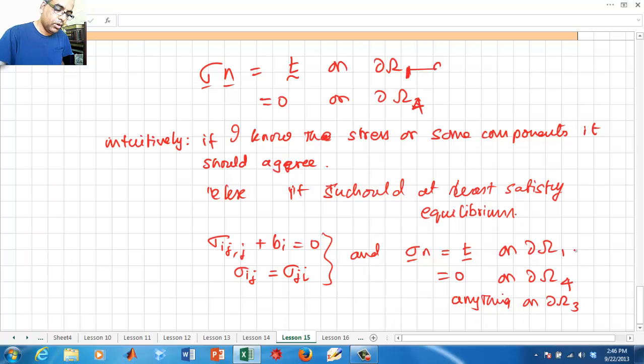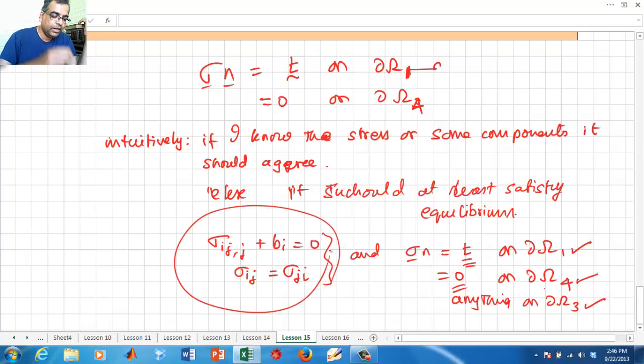So remember, 1 is traction specified, 4 is traction free, 3 is displacement specified. At places where displacement is specified, it can be anything, we don't care because we don't know. At places where it's traction free, it had better match. Places where tractions are known, it had better match, and every other place it has to satisfy the equations of equilibrium. That's called a statically admissible stress state.